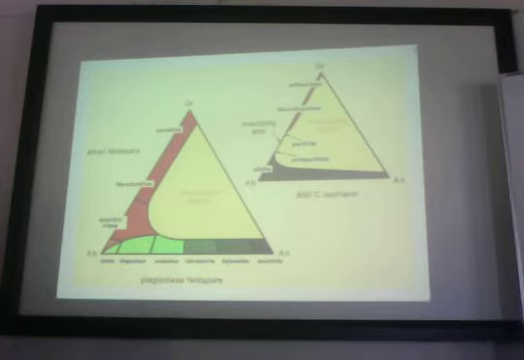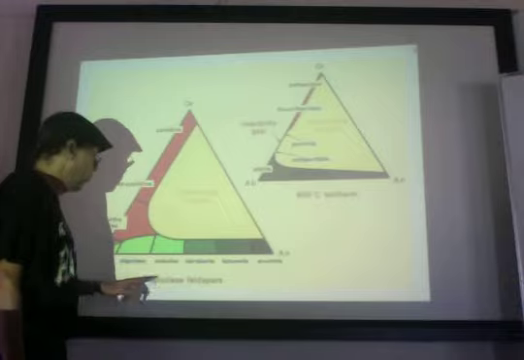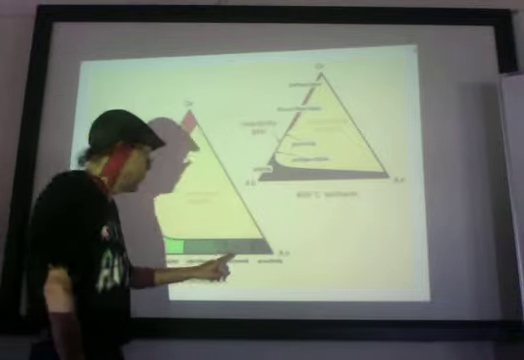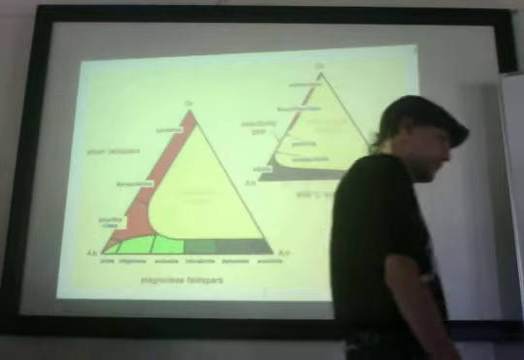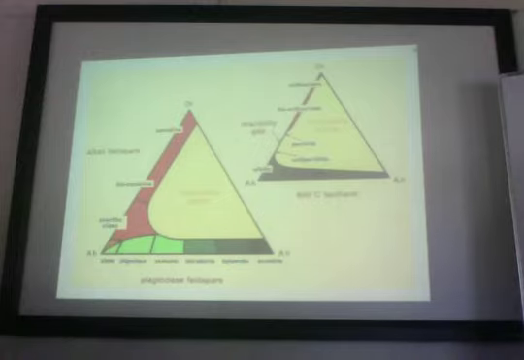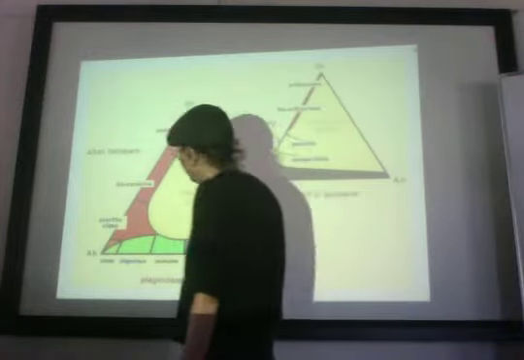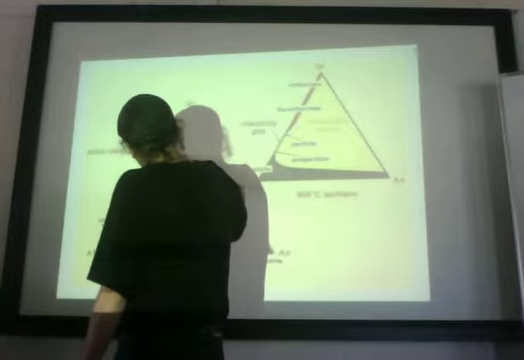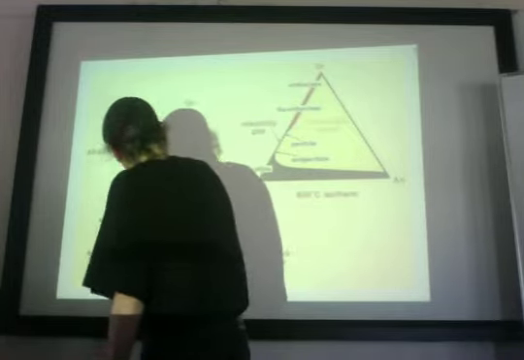So in between these two end members, we have albite, oligoclase, andesine, labradorite, bytownite, and anorthite. Whereas here we have the alkali feldspars: the sanidine, the sodium sanidine, and the anorthoclase.